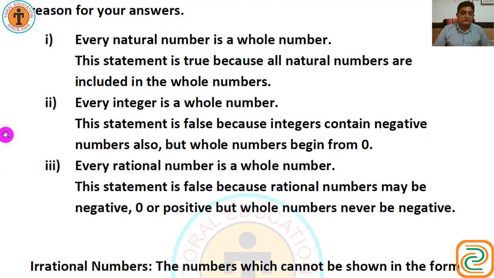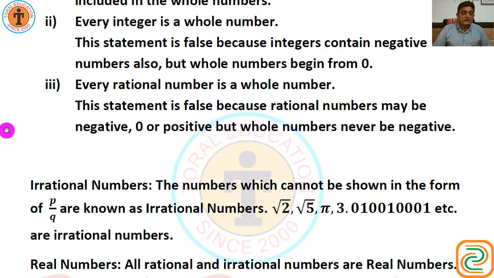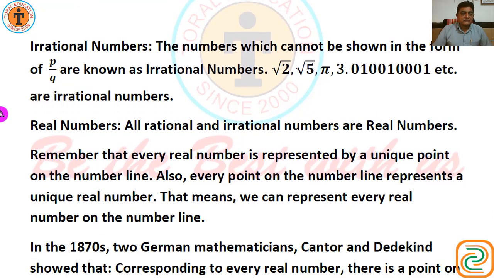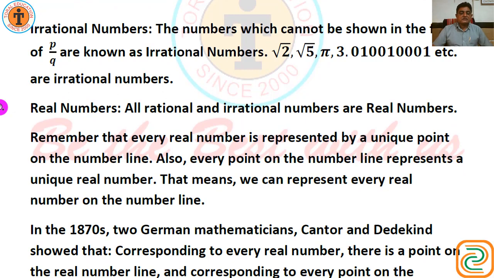Now we will have irrational numbers. What are these? Numbers which are not rational, which cannot be shown in the form of P upon Q, that means in the form of a fraction.